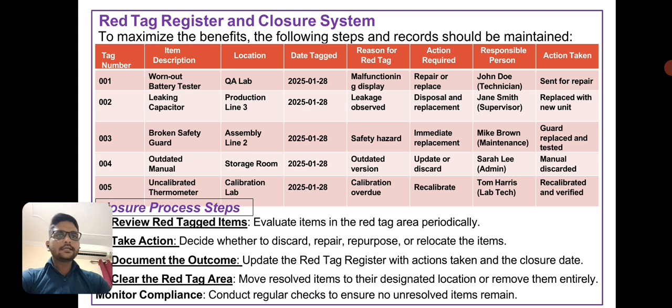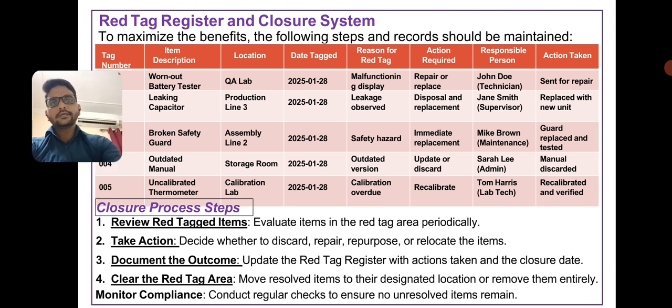In the red tagging register, we need to mention these sections. To maximize the benefit, the following steps and records should be maintained. First is tag number, item description and location, date of the tag, and reason for red tag, actions required, and responsible person, meaning who is responsible for that red tag area, and action taken.